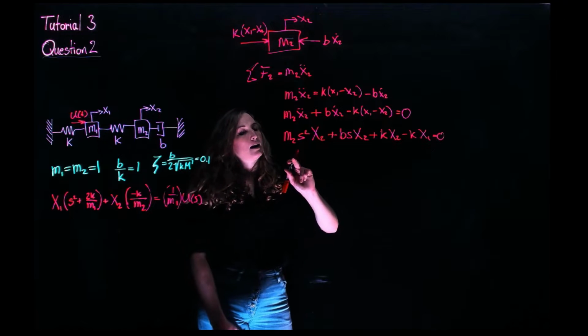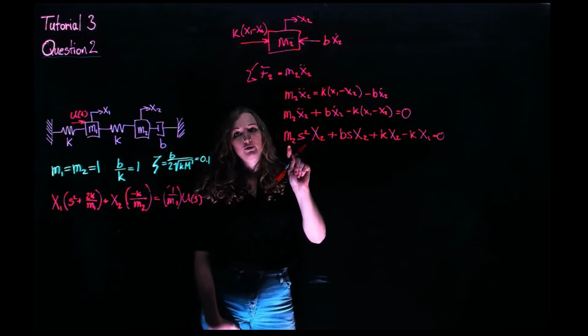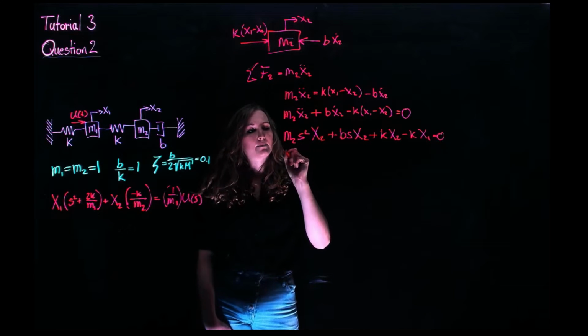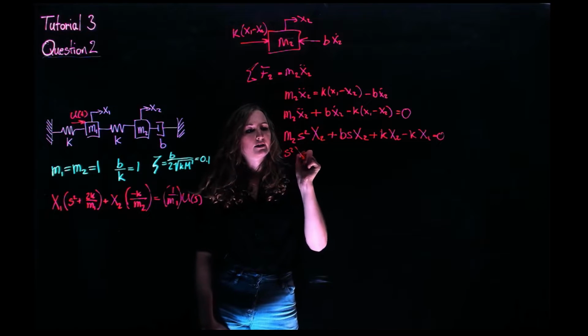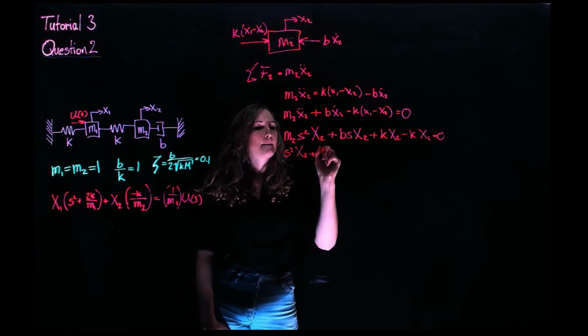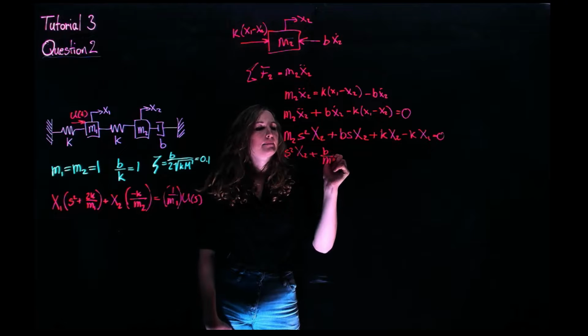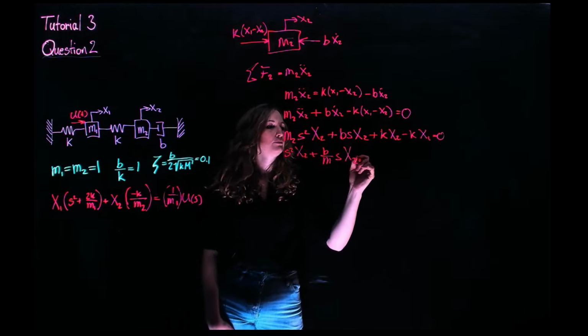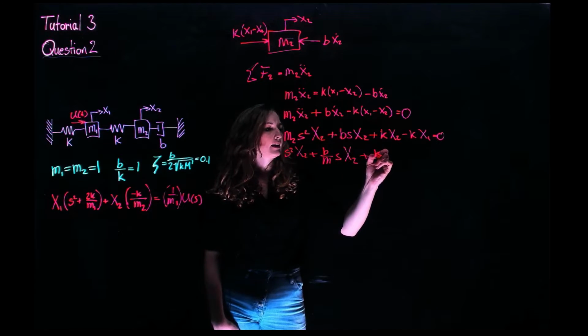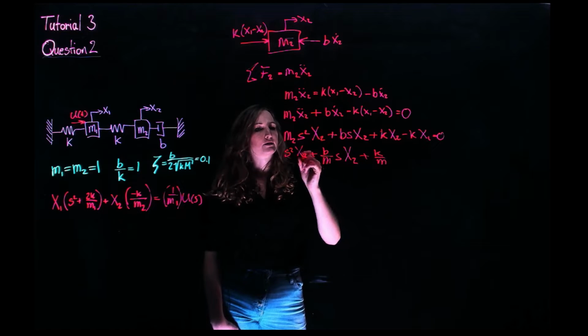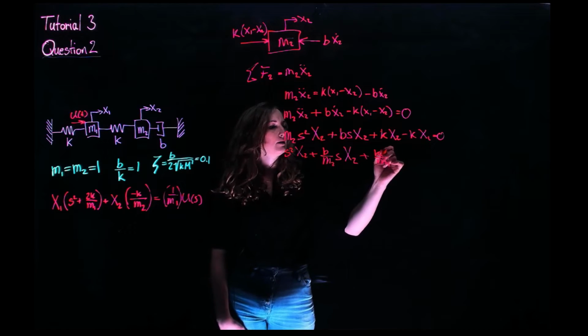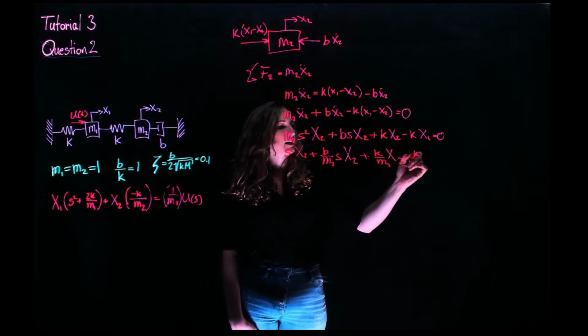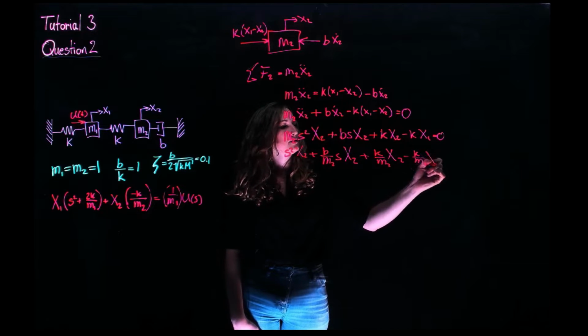Okay. And again, we don't want a coefficient here, so we're going to divide everything by that m2, and we get s squared x2 plus b over m2 s x2 plus k over m2 x2 minus k over m2 x1.